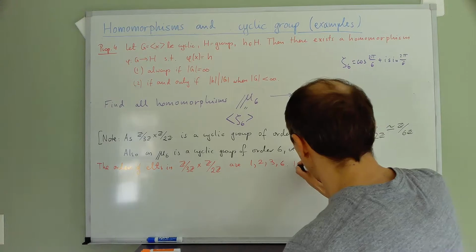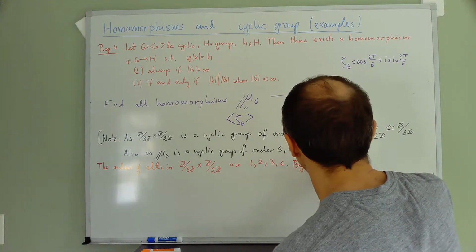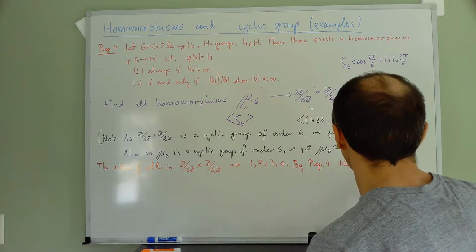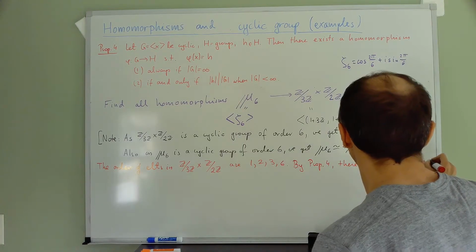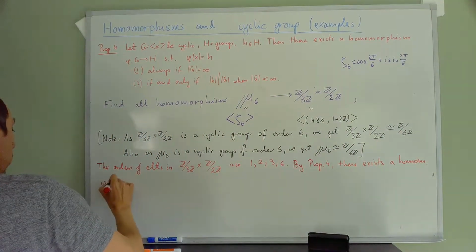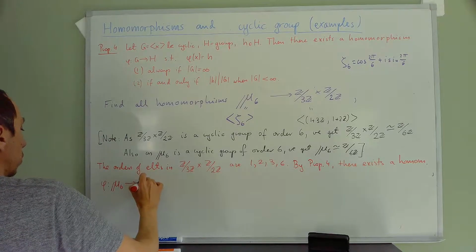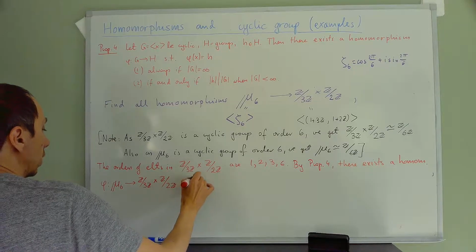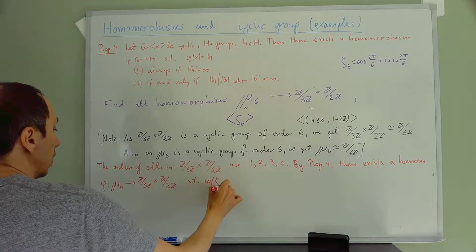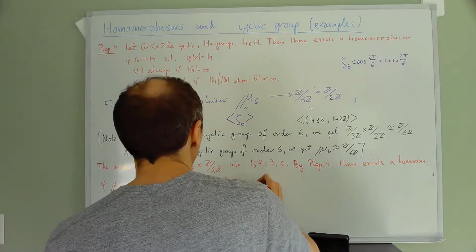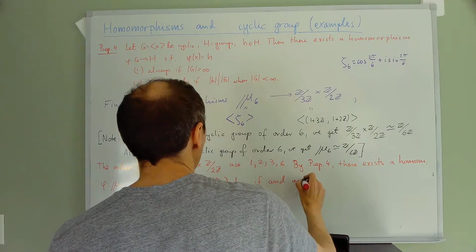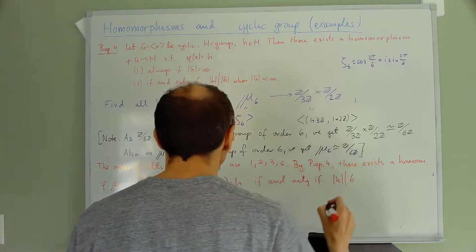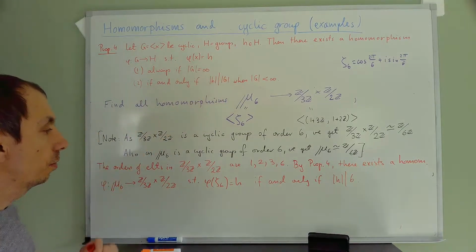And by proposition 4, there exists a homomorphism phi from mu6 to Z mod 3Z cross Z mod 2Z such that phi of zeta 6 is H if and only if the order of H divides 6. 6 is now the order of this group.